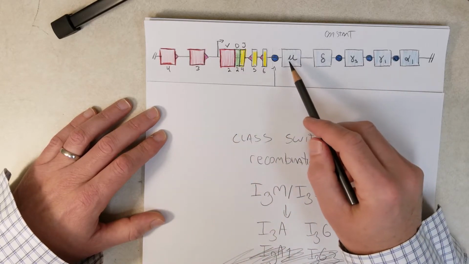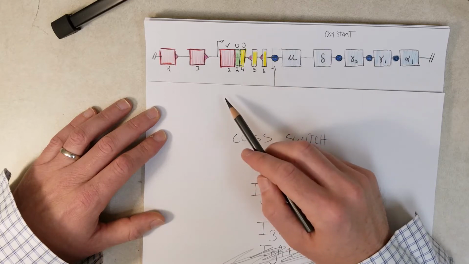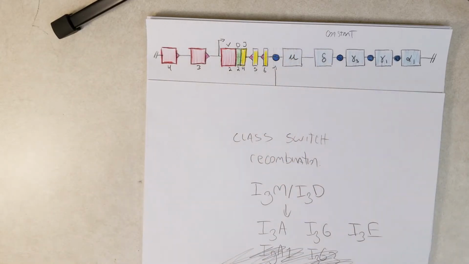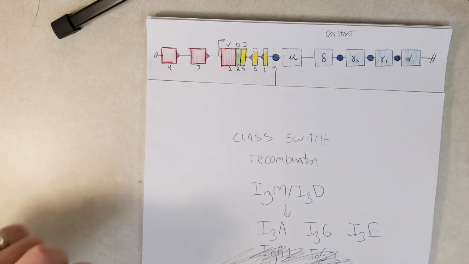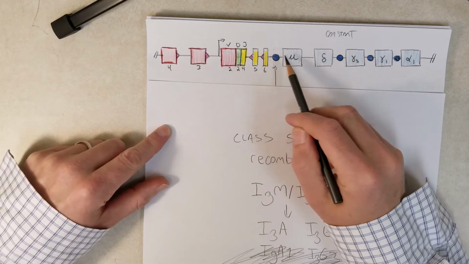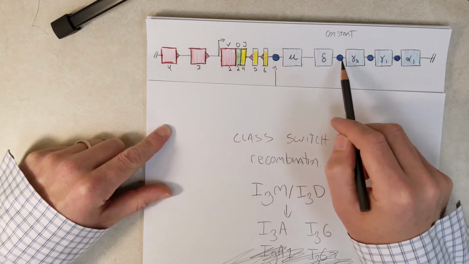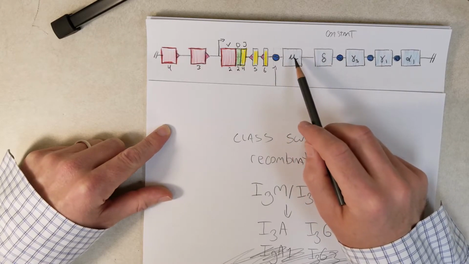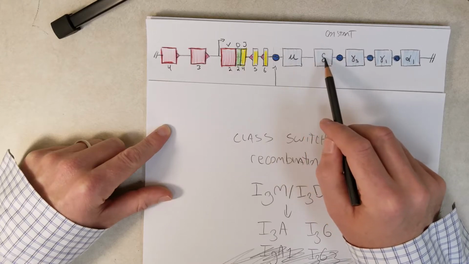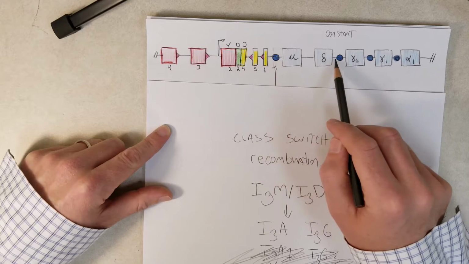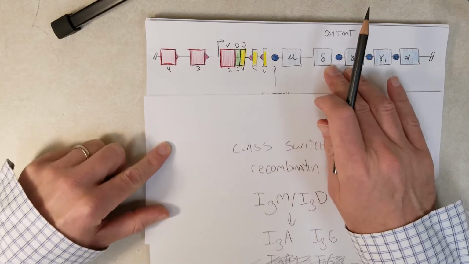Now I also added some more detail that I didn't include in previous diagrams of the IgH locus, and that would be these blue circles right here. And these blue circles are going to be found upstream of every constant gene segment except for the delta segment. And what these are called are switch regions.